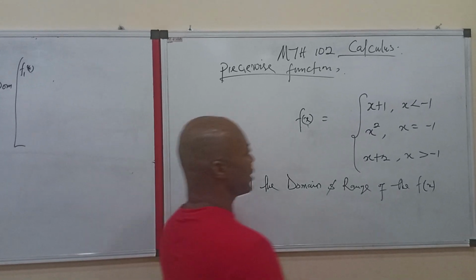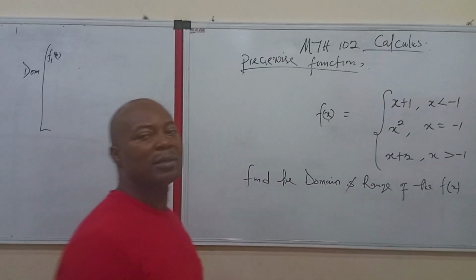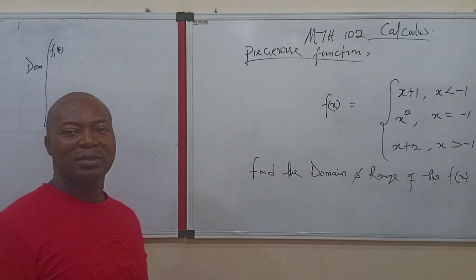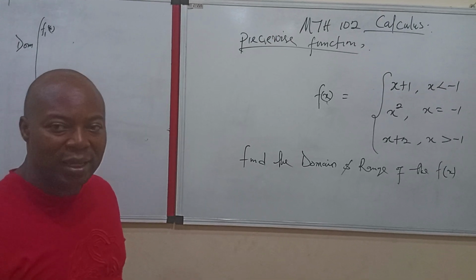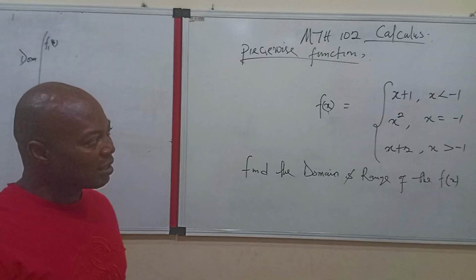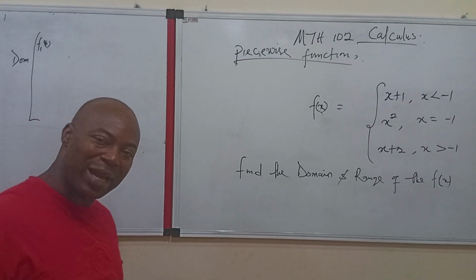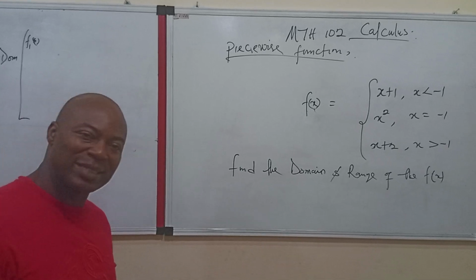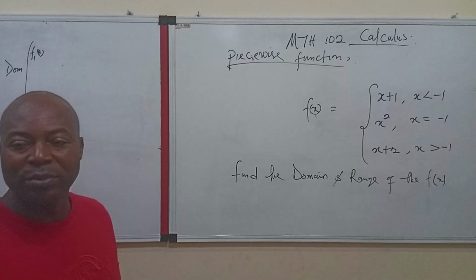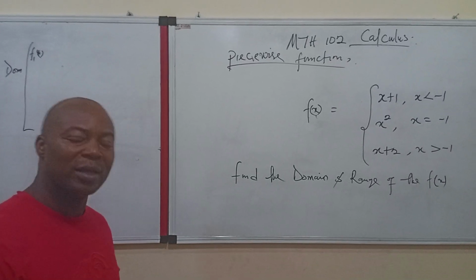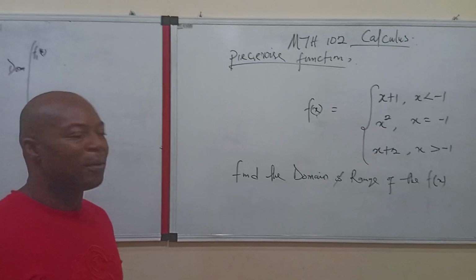Wetin dey here na say x is strictly less than 1. Strictly less than, it means say e no go take that 1. The number dem, all of them go must dey smaller than 1. E go must dey less than 1. Now, if e go must dey less than 1, wetin be the first one? E go be -2, -3, -4.